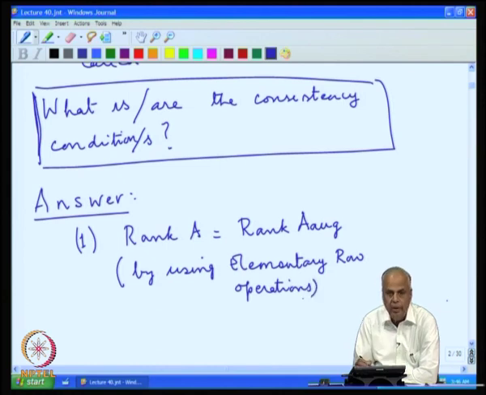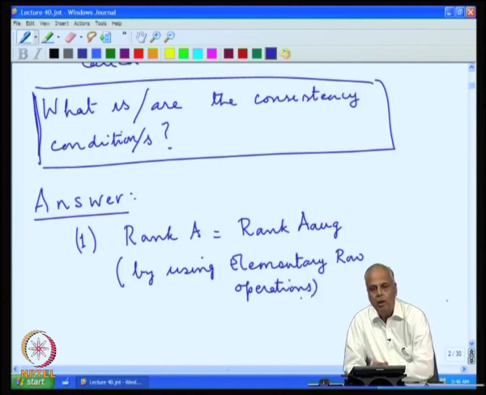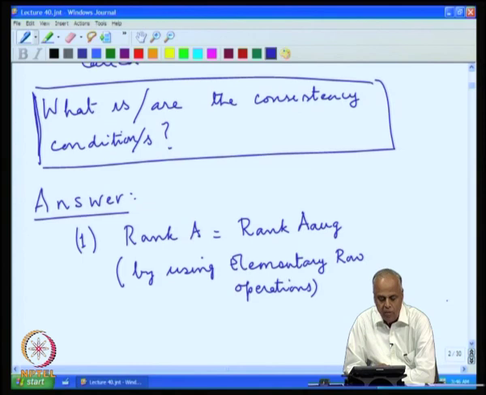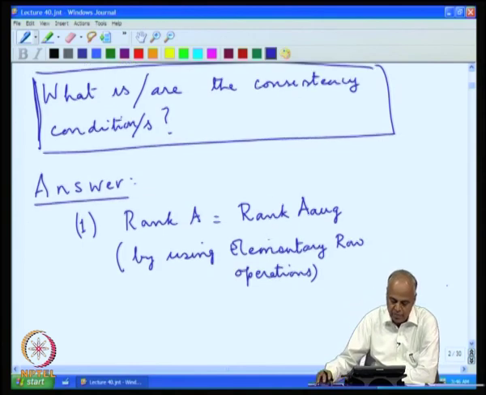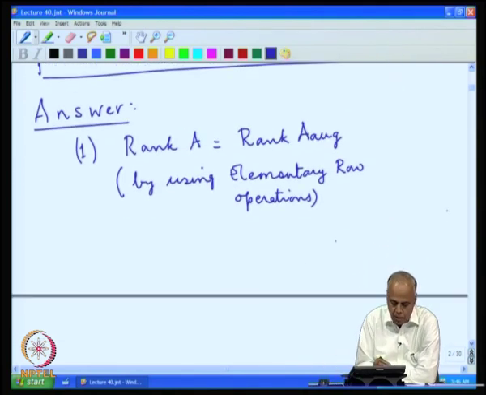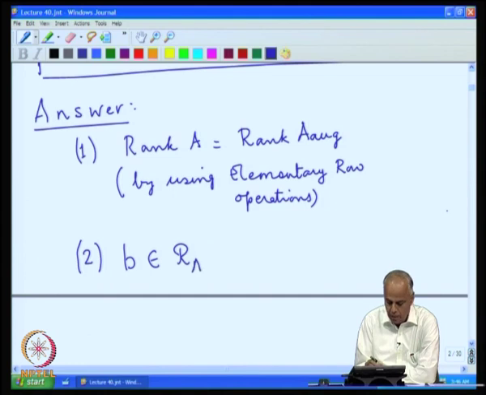This was the first time we got the consistency conditions for the system to have a solution. Then we looked at them from the point of view of transformations, and we observed that if A x equal to B has to have a solution, B must be of the form A x, and such vectors are called range vectors. So, the other way is that B belongs to the range of A.